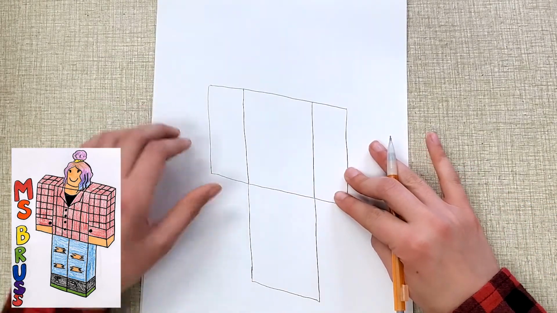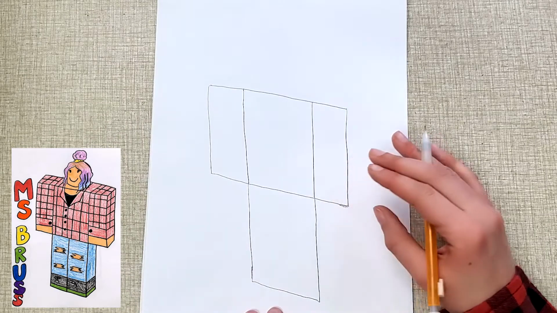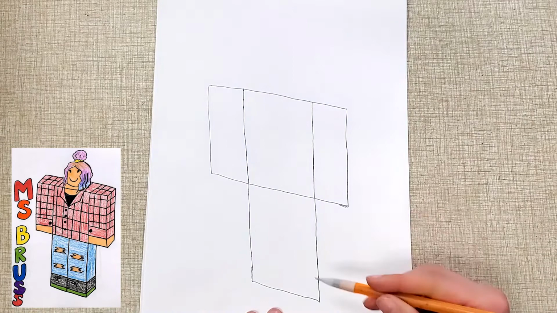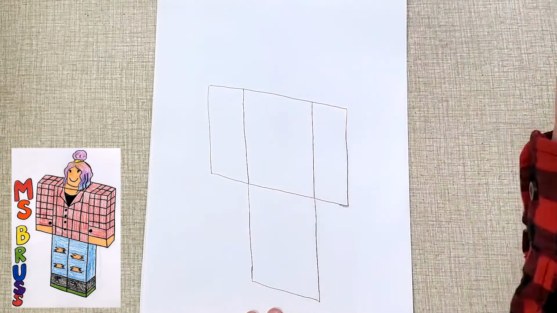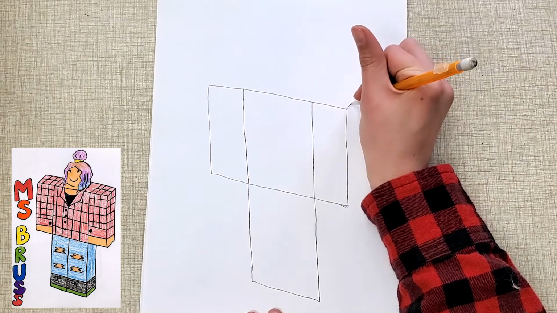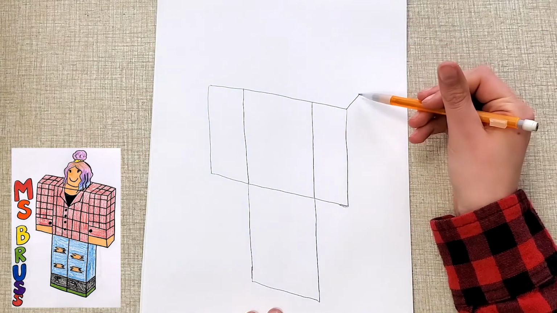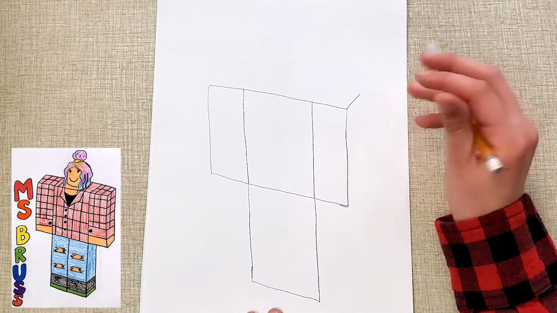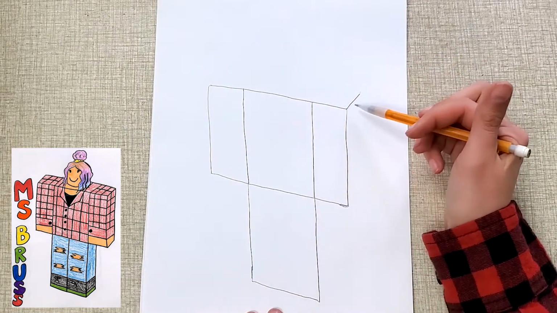Now we are going to draw the side of the body. So the angle is going to change and go the other direction. So follow with me for this part. At this corner, we're going to make a line that angles like that. We're going to do a couple more of these, and each one is going to be the same length and the same angle.